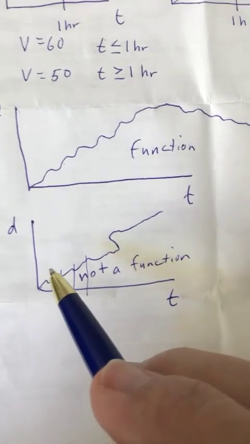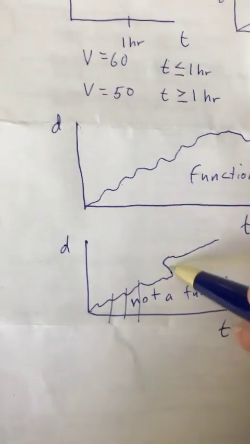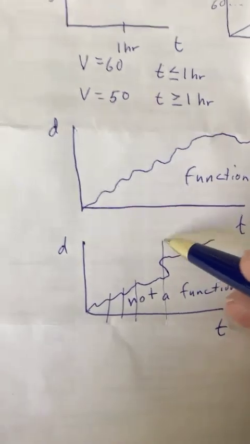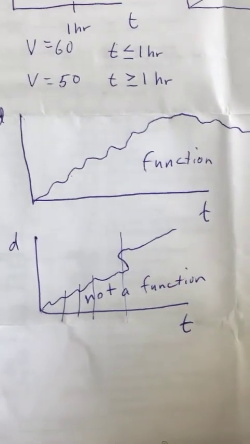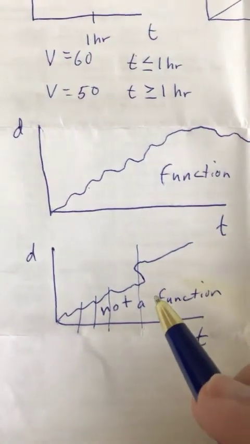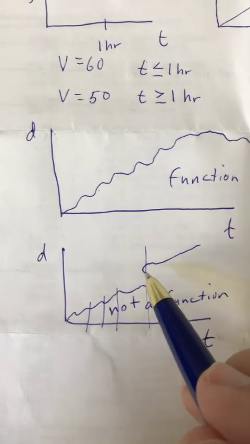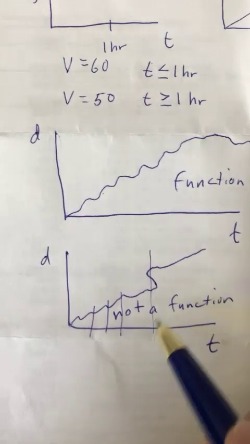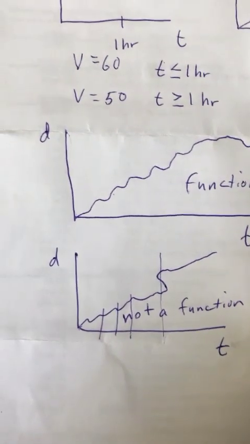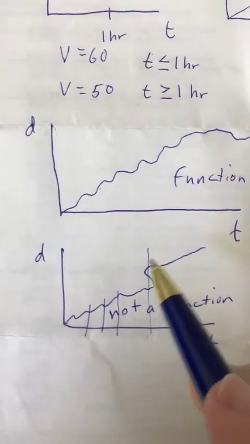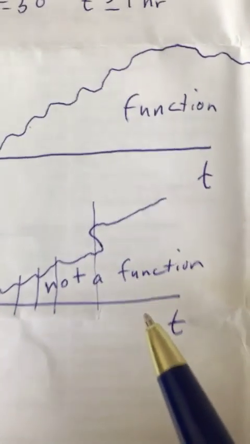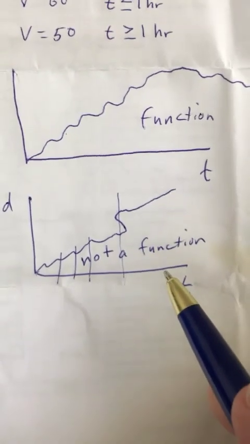But in this thing that I've drawn, if I ask you about this time, what value are you going to give me? Because there are 3 different values of d at that time. It's not a function. You have to be able to give me a single value for d. I can do that here, but this one that doubles back in time, no.